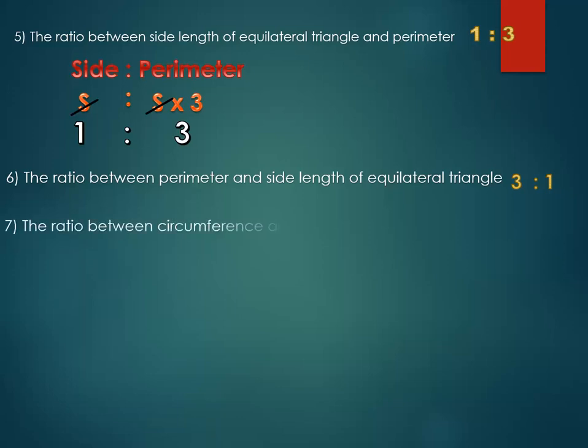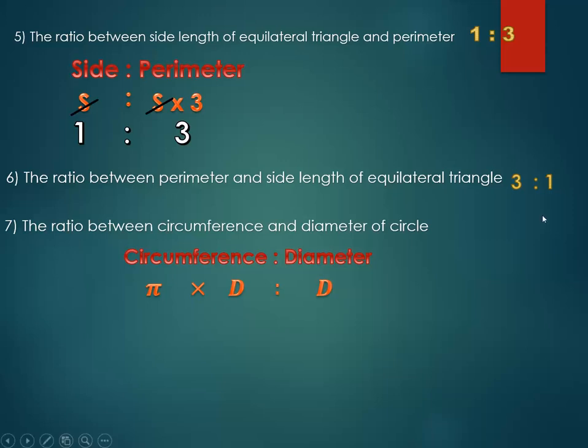The ratio between circumference and diameter. Do you remember the circumference? We have two rules for circumference, but here we need the rule which contains diameter. So the circumference equals diameter times pi. Let's make the rule: circumference C equals pi times d, and diameter is replaced with d. Remove diameter with diameter, and it will be pi to 1.